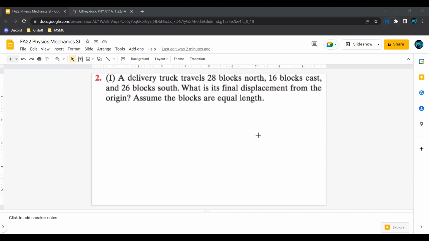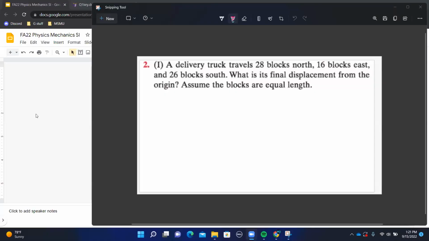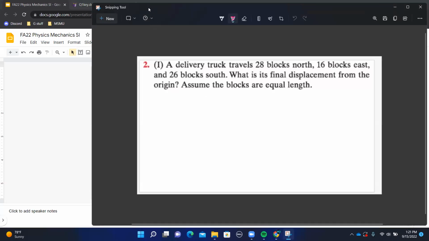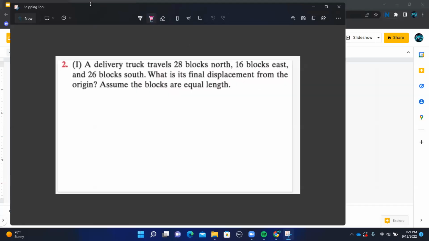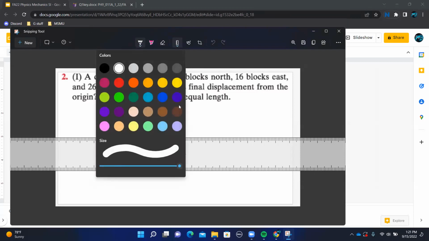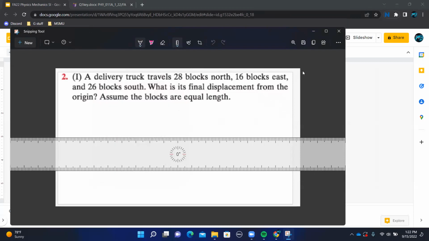Let me make sure I'm screen sharing everything. So let's do this. I'm defining, oh, that is way too big.